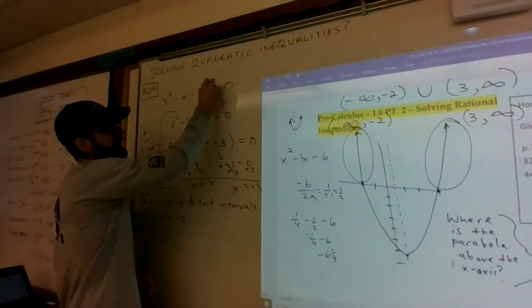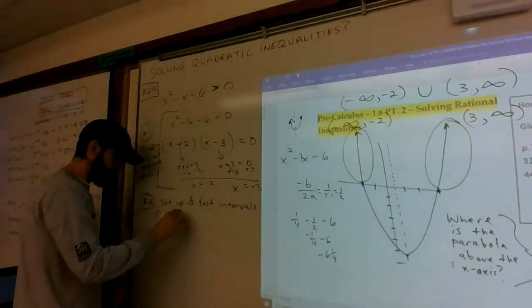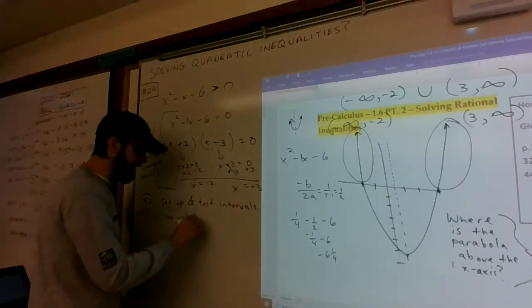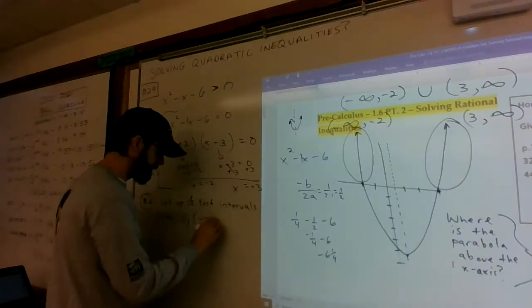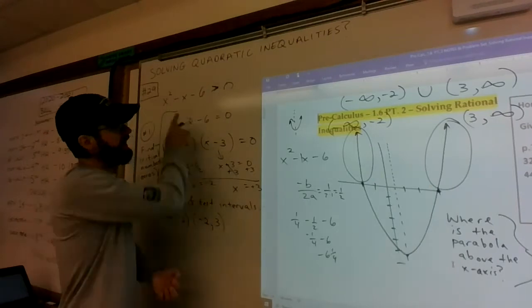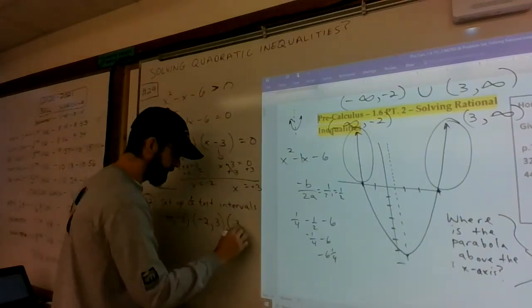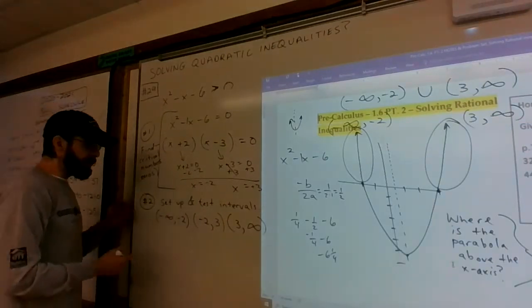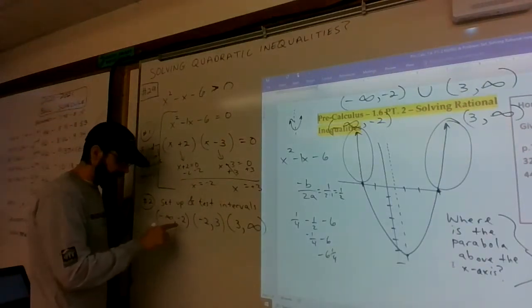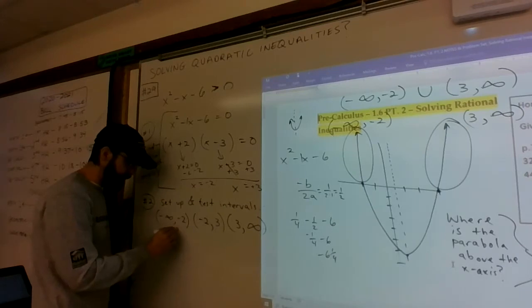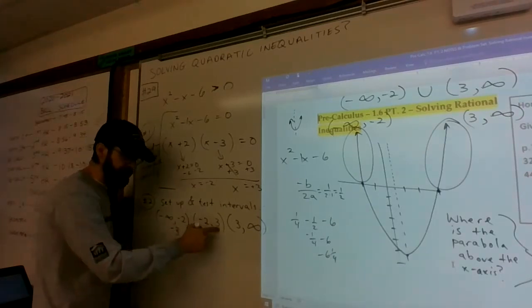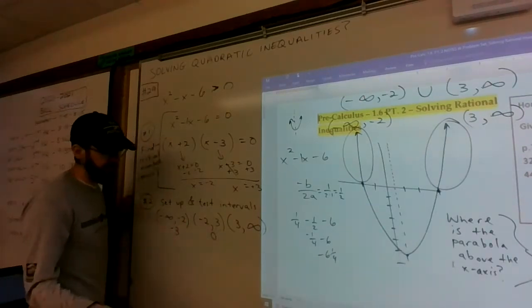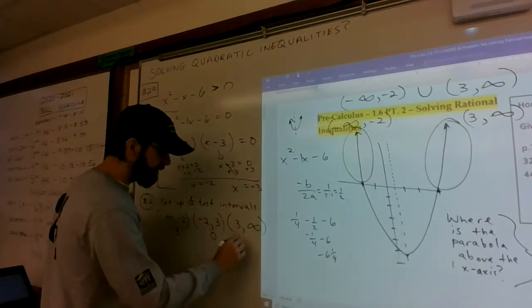In this case, is it bigger than 0? We should also test negative 2 to 3, because maybe that satisfies the original. And the same thing with 3 to infinity. You test a point in between. What's less than negative 2? What's between negative 2 and 3? I always pick 0 when it's available. And then for 3 to infinity, 4.